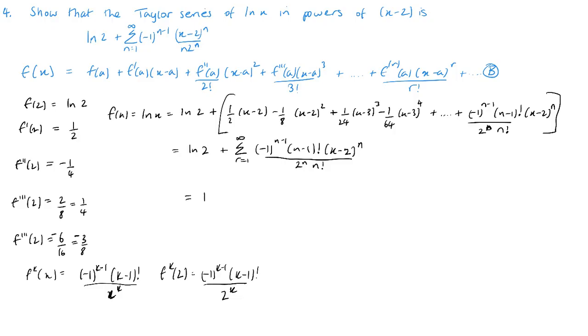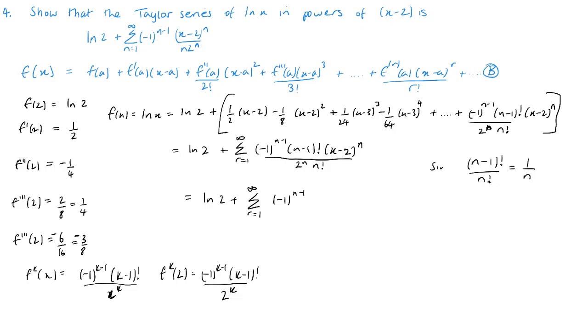And now that does simplify to the answer that we want, doesn't it? So minus 1 to the n minus 1. Now, n minus 1 factorial over n factorial is just going to be 1 over n. Because this is n minus 1 times n minus 2, and this will be n times n minus 1 times n minus 2, so all subsequent terms will cancel.